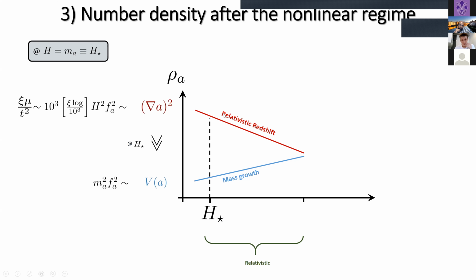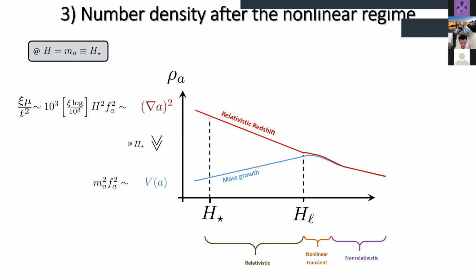So this relativistic redshift lasts until H_L, which is the time at which these two are comparable. At that time we need to actually solve the equation of motion numerically, because the potential is not linear. However, after a nonlinear transient, we expect that the field settles down around the minimum, and the number density of non-relativistic axions is conserved.